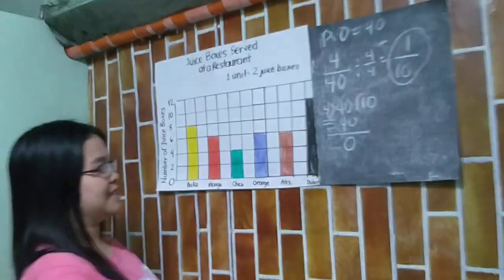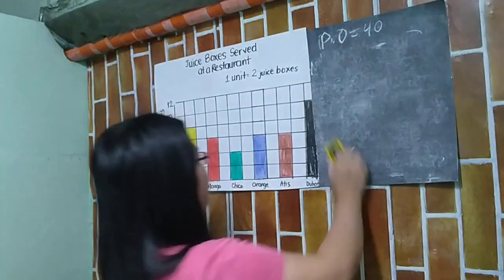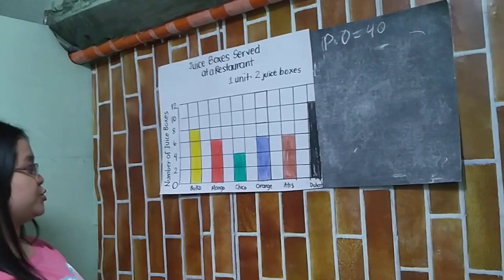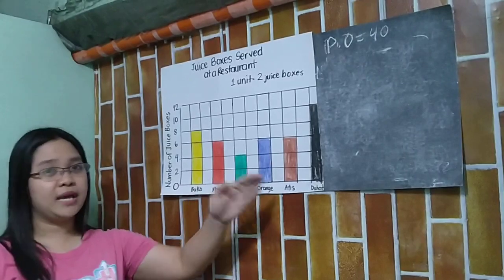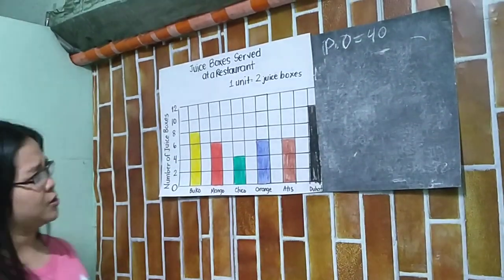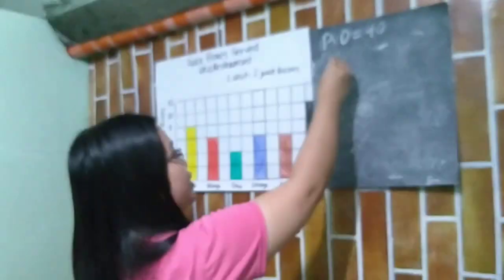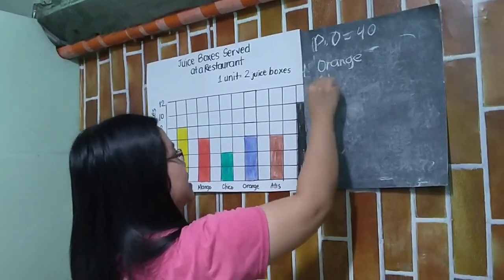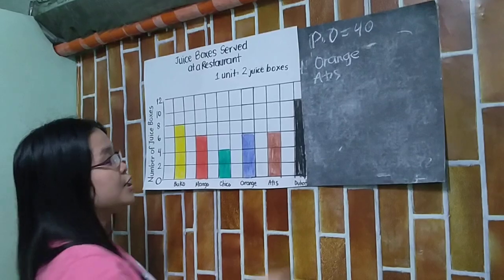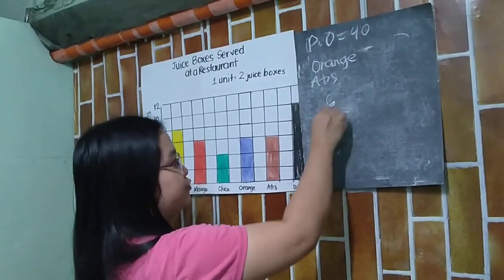Okay? Next. How about the orange juice? Actually, orange juice is just the same as the mango and the atis juice. So let's solve it again. So orange and atis, since they have the same number. So 6 over 40.